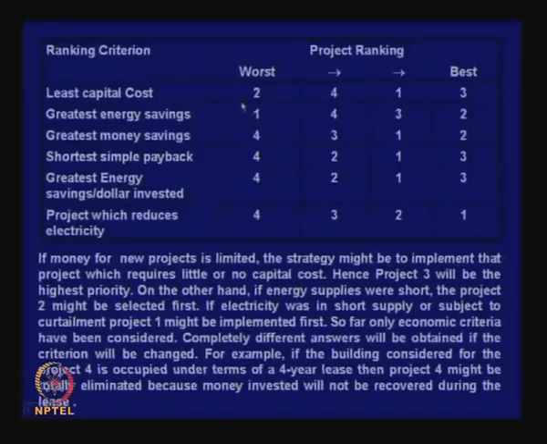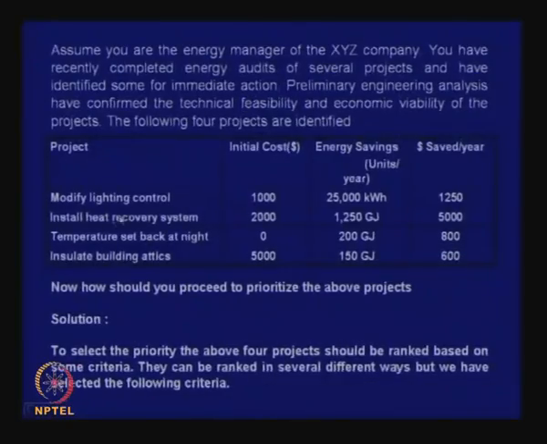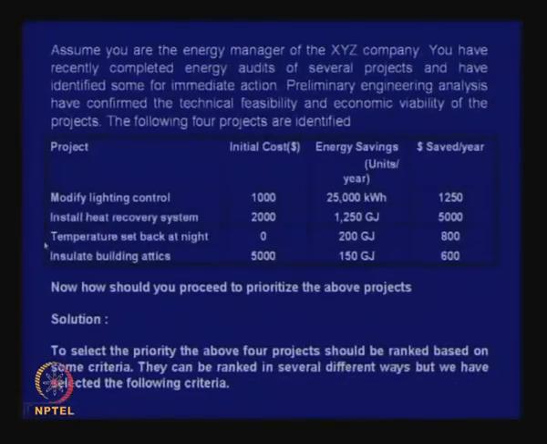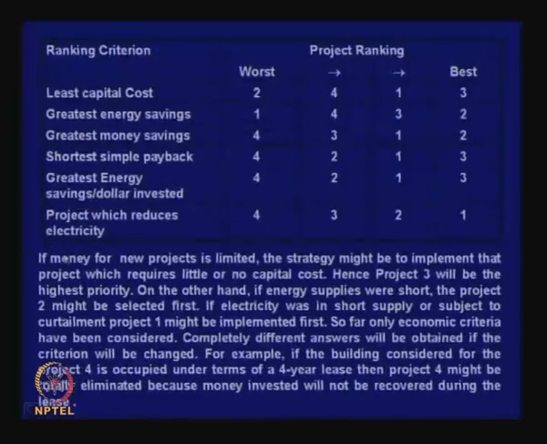Case number 2, so there are 4 options, 1, 2, 3, 4. Number 2 will be the worst, number 4 option will be the best in terms of the initial cost.